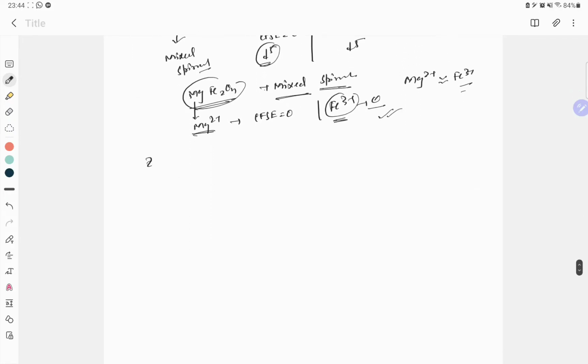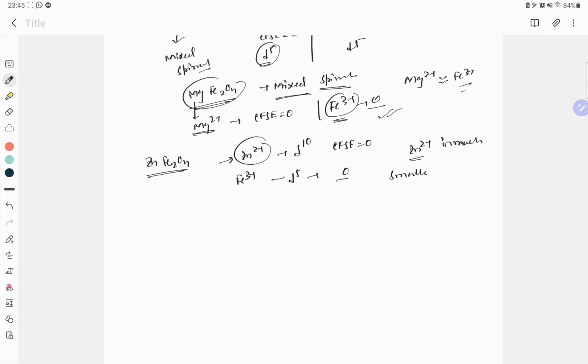But another case is ZnFe2O4. Here Zn2+ and Fe3+. Zn2+ is a d10 system, CFSE is 0, and Fe3+ is a d5 system, CFSE is 0. But Zn2+ is much smaller in size than Fe3+.